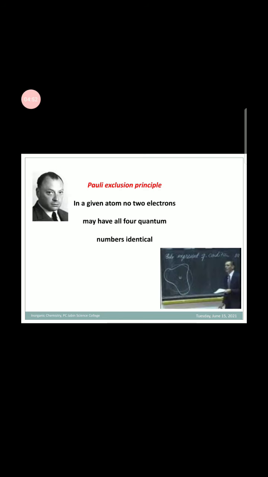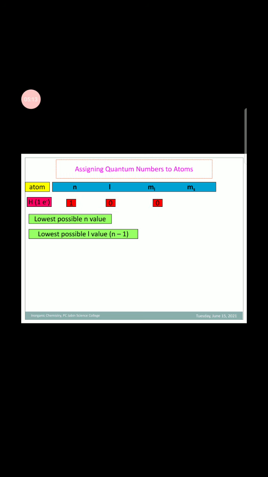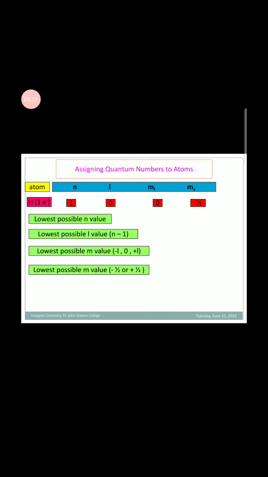Next, the scientist Pauli gives his principle. In a given atom, no two electrons may have all four quantum numbers identical. Assigning quantum numbers: here for an atom, n, l, ml, ms are the four quantum numbers.